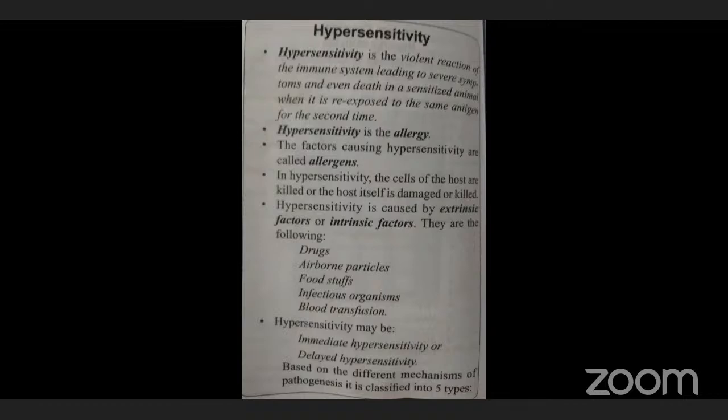So mostly the types of hypersensitivity are classified in two ways. One is based on the time taken for the reaction. Another is based on the different mechanisms of pathogenesis.